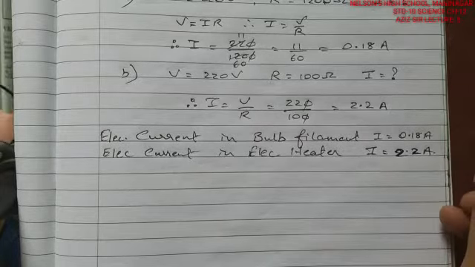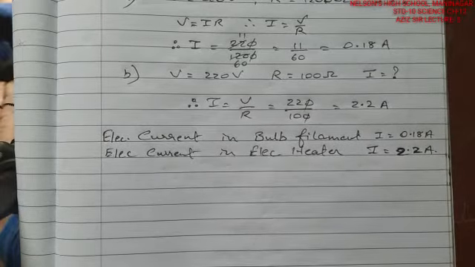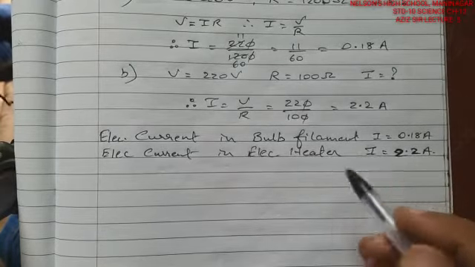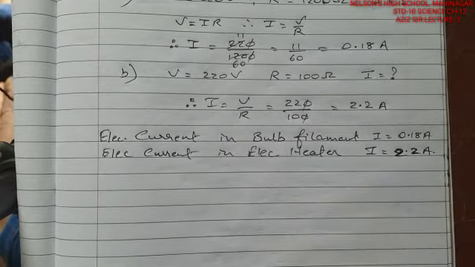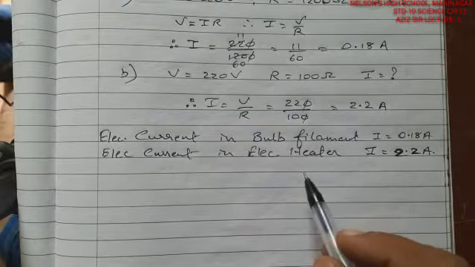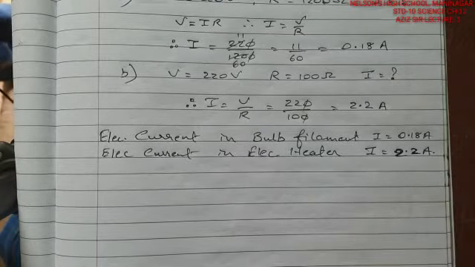Fine. So this is a big difference in the amount of ampere current being drawn. You may see the bulb carries a very small amount of current, and in case of an electrical heater the current is very high.